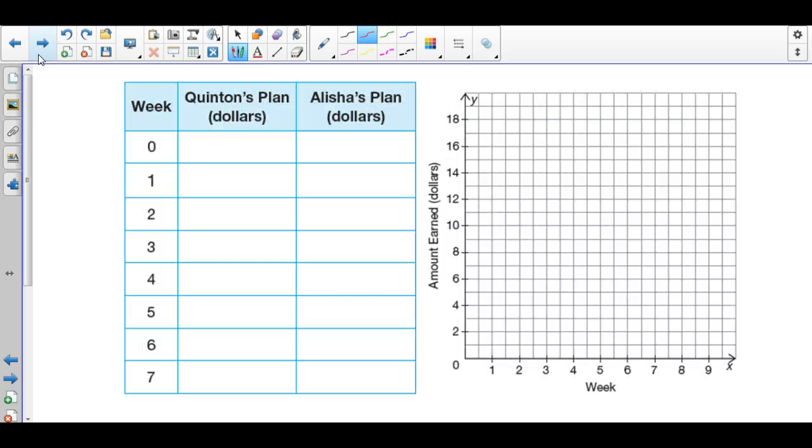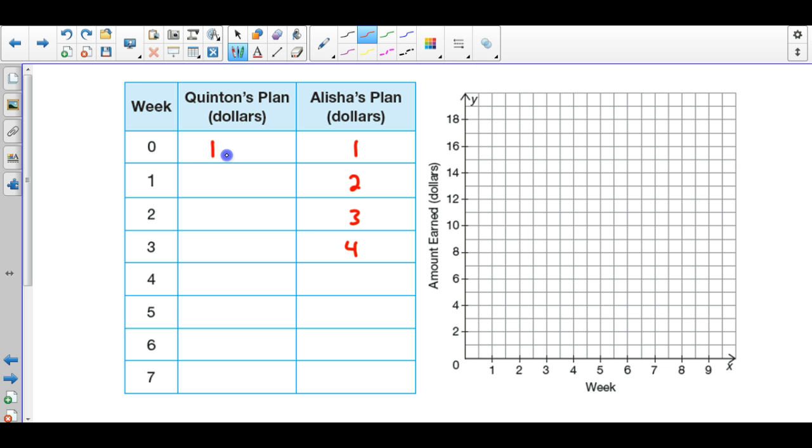So let's take a look through these tables. What I'm going to do is pause this video so you're going to see some magic when I turn it back on, and I will just have all this stuff complete. But I would like you guys to get this started. Both of these people are starting off with $1. And Alicia's plan, this is talking about the total after each week. So then this would be $2, $3, $4, and so on.